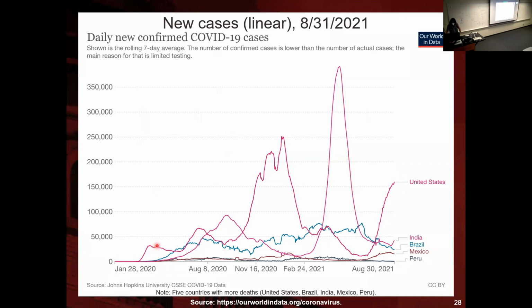So the US is this one here. It increased a little bit in the fall of 2020, and then increased around Thanksgiving, Christmas, and the beginning of this year, declined, probably related to vaccinations, and increased a little bit again, I think around April, declined, and now is increasing again related to the Delta variant, right?